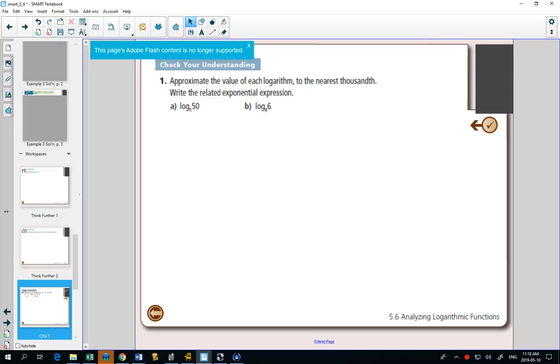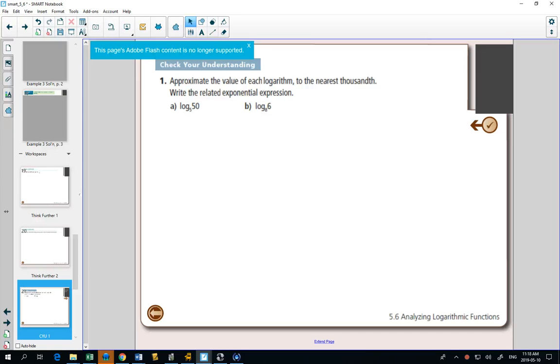And since you know 5 squared is 25 and 5 cubed is 125, log 5 of 50 would be between 2 and 3. Okay? This one's a little bit harder. Where would you find log 8 of 6? Well, 8 to the 1 is 8. 8 to the 0 is 1. So log 8 of 6 should be somewhere between 0 and 1.